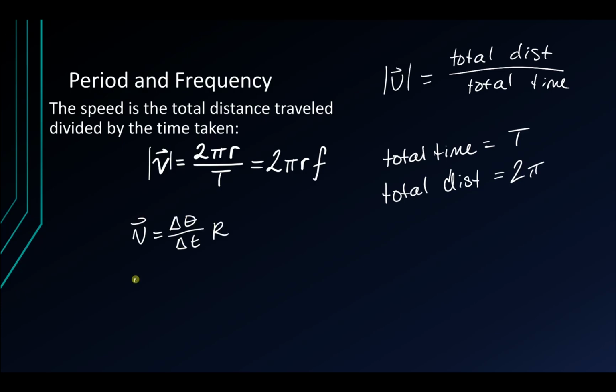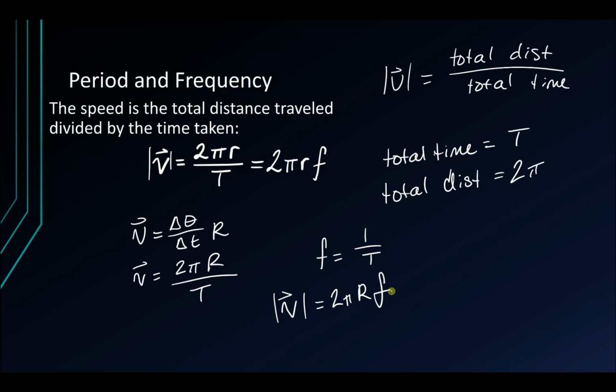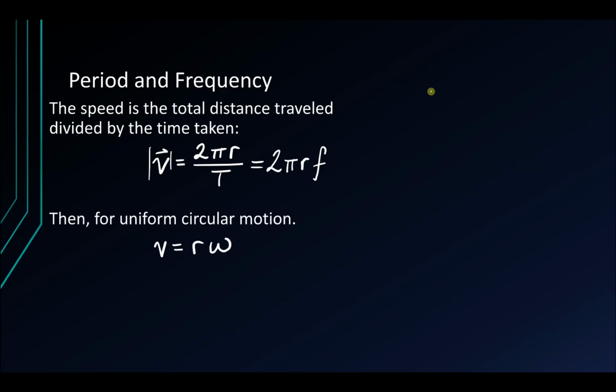We get that v is equal to 2 pi times this radius over the period. Because frequency is 1 over the period, the speed is going to be 2 pi times this radius times the frequency. So for uniform circular motion, our angular velocity is the same thing as 2 pi times the frequency. And we'll come back to this whenever we get to waves and sound.